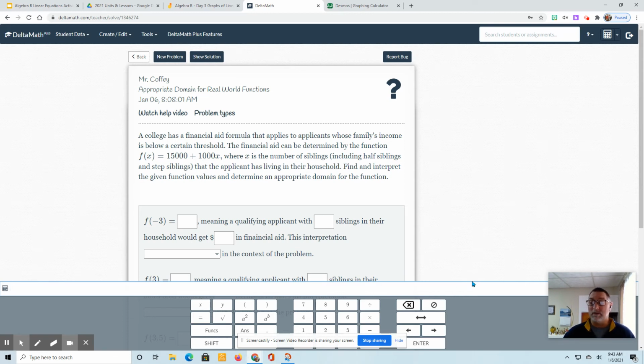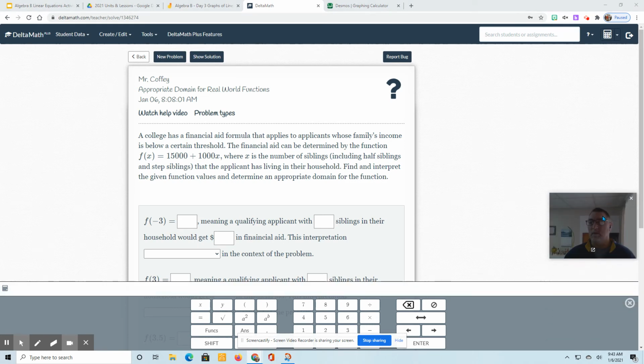All right, so the nice thing on Delta Math here is I actually clicked on this part right here, and it gives me an actual calculator I can use. And so let me move my picture out of the way. So this says find f of -3. I can actually do that right here on Delta Math. So 15,000, type it right in here, plus 1,000 times -3.